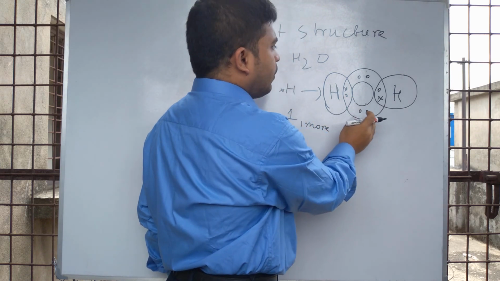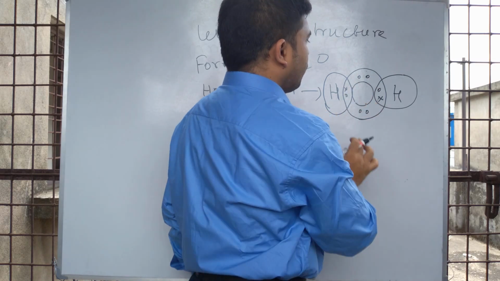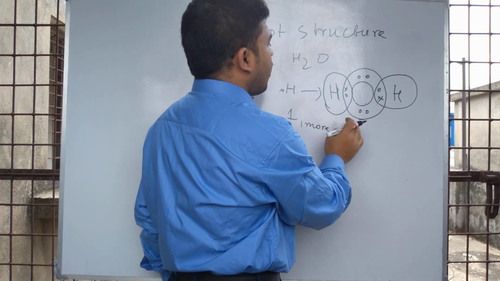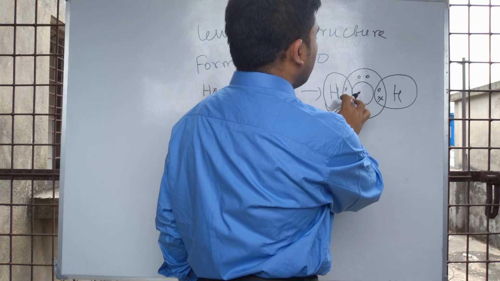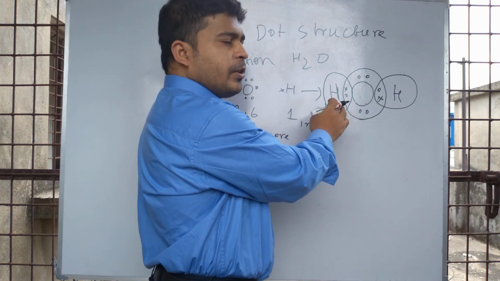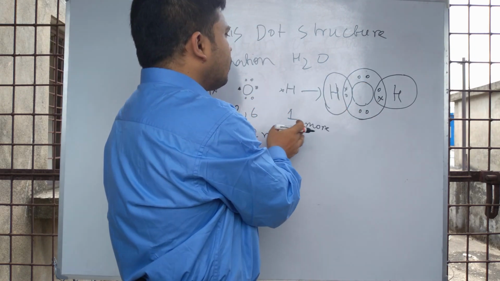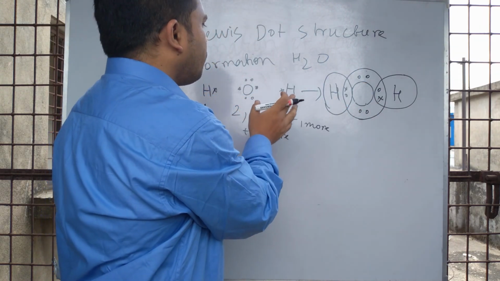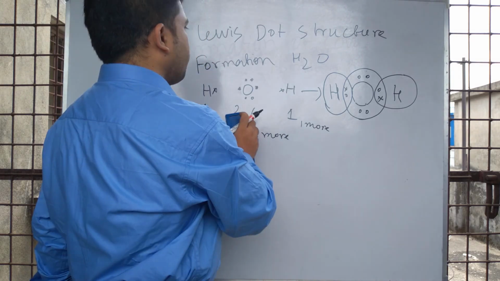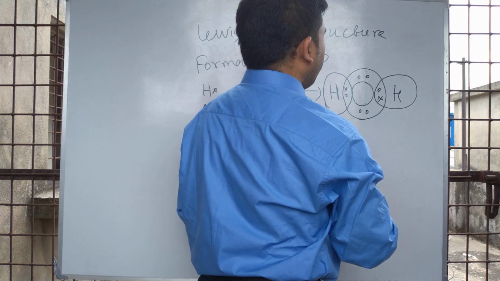Now oxygen has 1, 2, 3, 4, 5, 6, 7, 8 electrons and hydrogen has 2 electrons. So hydrogen completes the doublet configuration and oxygen completes the octet configuration. In this way, the formation of the H2O molecule takes place. Here we have to look at the electron pairs.